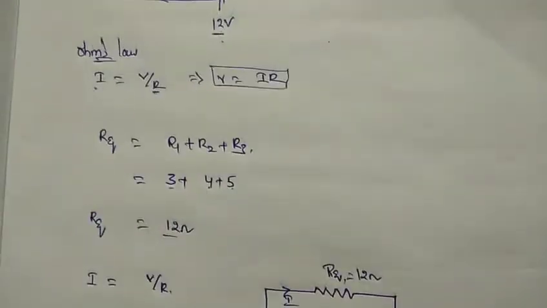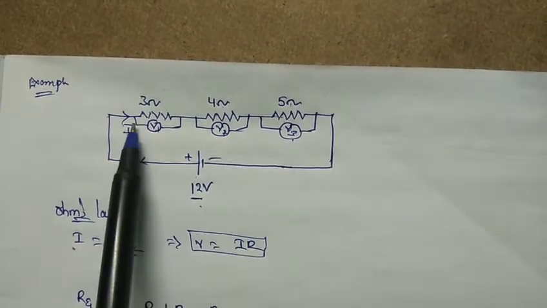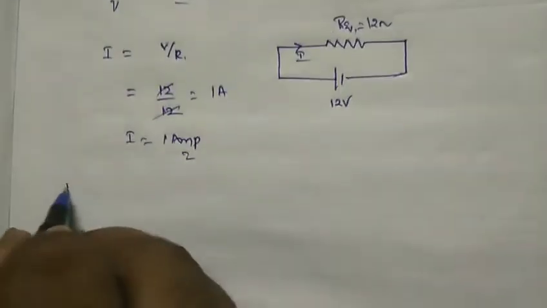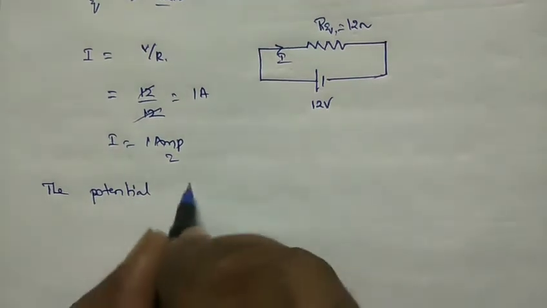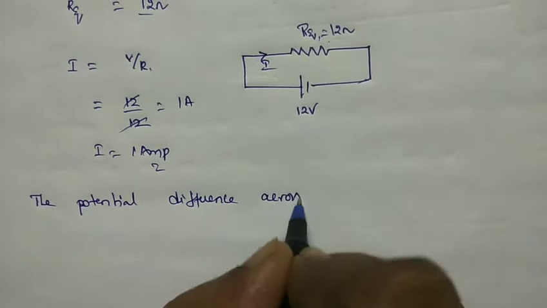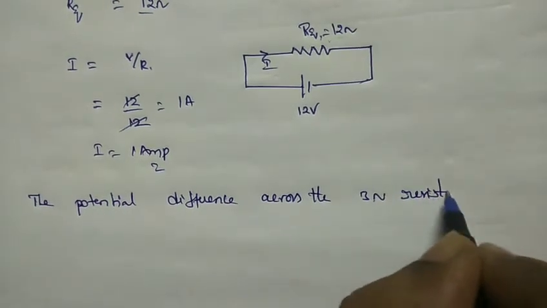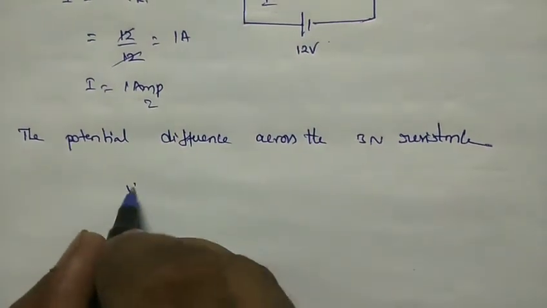Now the individual voltages V1, V2, V3, that means the individual voltages of 3 ohms, 4 ohms, 5 ohms. The potential difference across the 3 ohms resistance, that means V1.